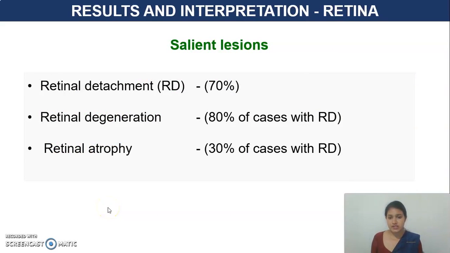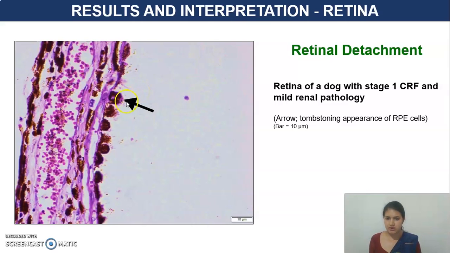When we consider retinal lesions, retinal detachment was the most significant lesion observed in 70% of cases. In addition, retinal degeneration and retinal atrophy were observed in some cases with retinal detachment. Most importantly, retinal detachment was observed in many cases who had fibrotic choroids. This retinal detachment occurs as a result of separation of the neuroretina from the retinal pigmented epithelial cells. And this tombstoning appearance of RPE cells occurs due to cellular hypertrophy following retinal detachment.